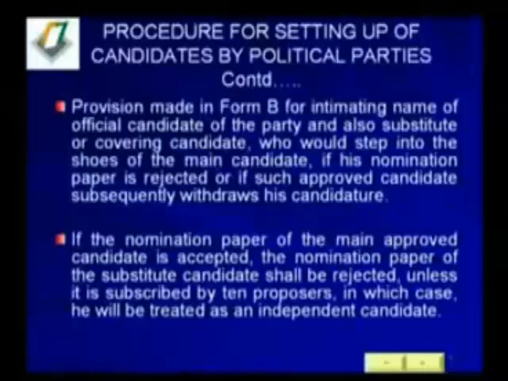Then I would like to dwell something more on this Form B. See, in Form B there is a provision. It's in two parts. One part says that X is our approved candidate. But thinking that there may be some problem with X, or maybe his nomination may not be accepted, just to safeguard their interest, the party may say Y is our substitute candidate.